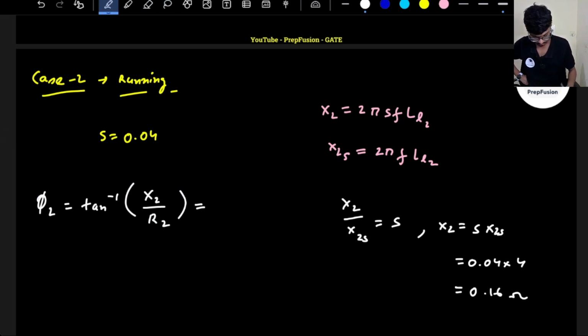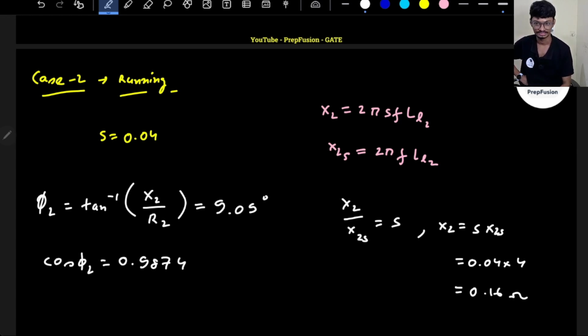So tan inverse of this is very low, 9.09 degrees. So what is the power factor? Power factor will be cos of phi 2. If I do the cos of this, it becomes 0.987. So can you imagine how big of a difference this is?